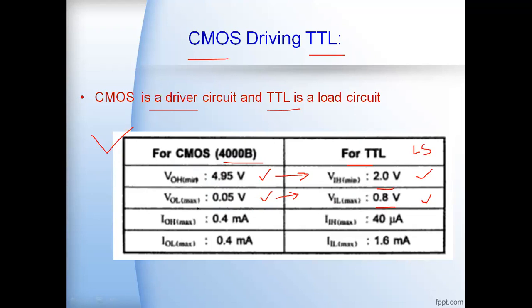But what is the maximum low input voltage here? 0.8. So the 0.05 is obviously less than the 0.8. Therefore the VOL, that is the low state of the CMOS output, can easily be accepted by the TTL input.